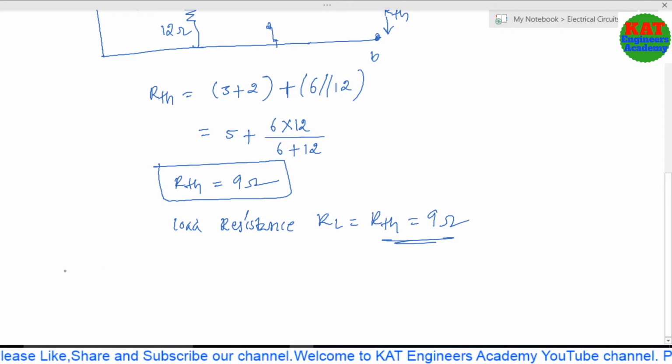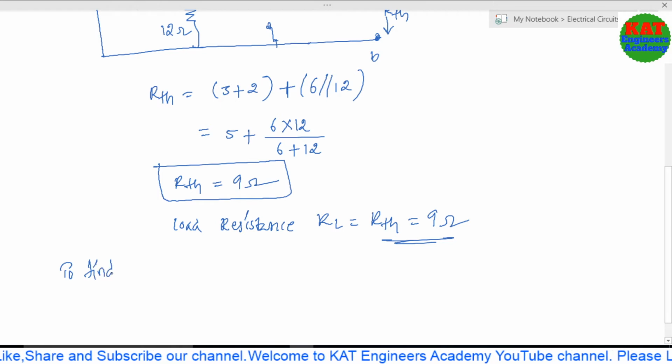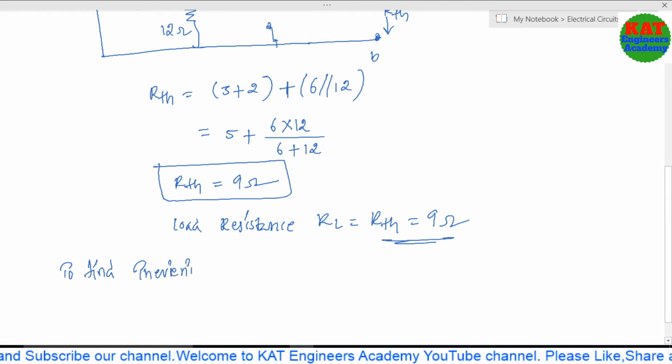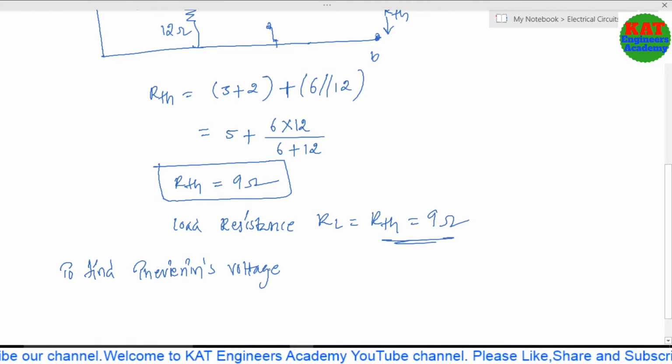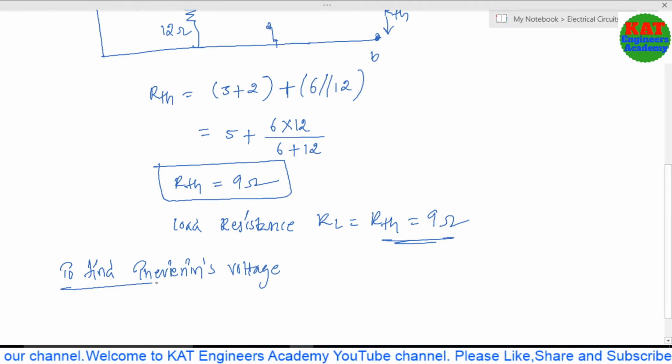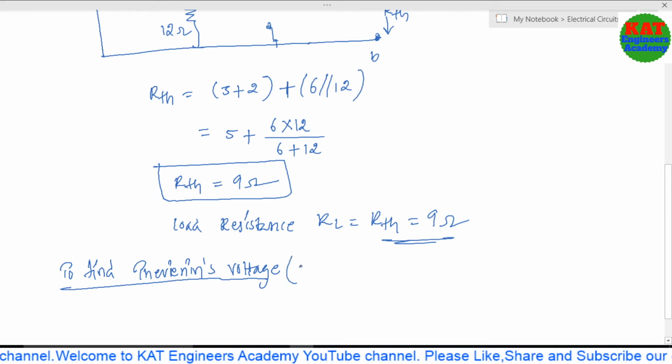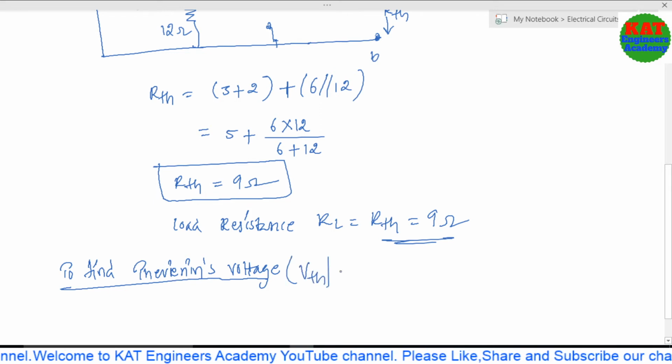Okay, the next question is to find Thevenin's voltage. Find Thevenin's voltage, so that is VTH. So finally, calculate the VTH.